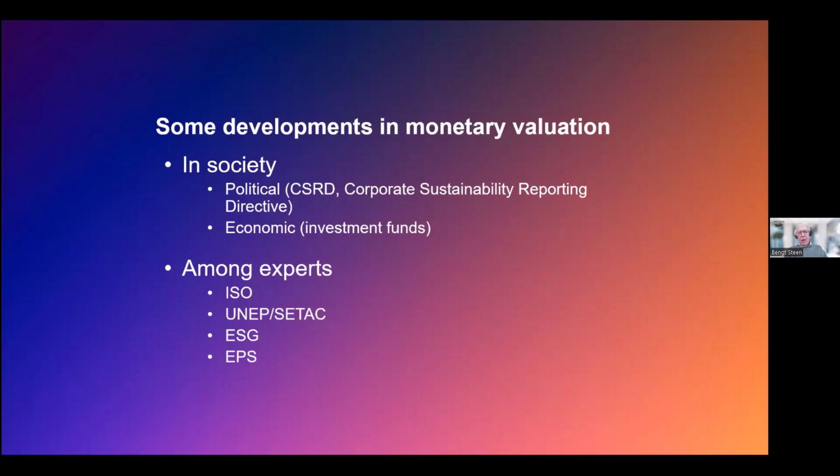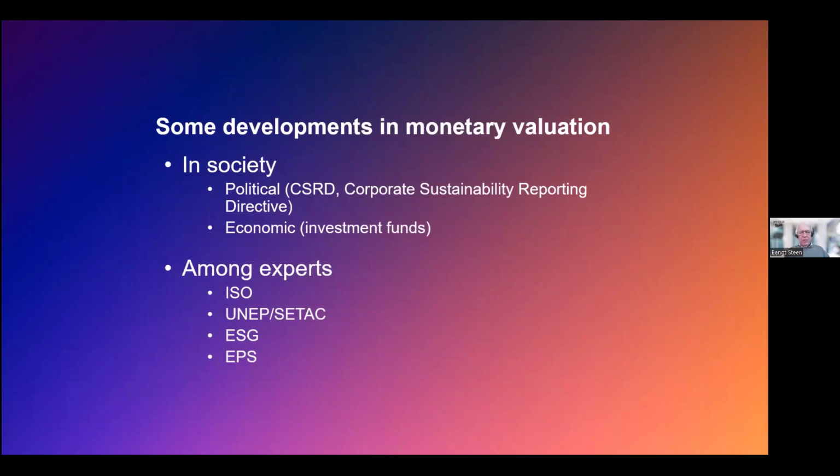In society, we have the political sphere, for instance, the EU Corporate Sustainability Reporting Directive, where monetary evaluation is important.